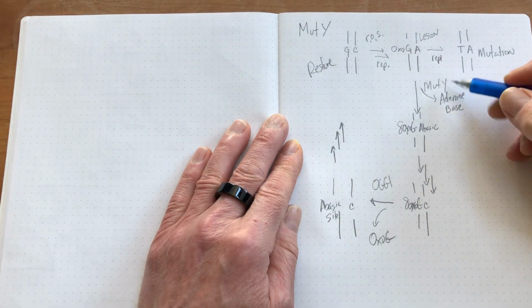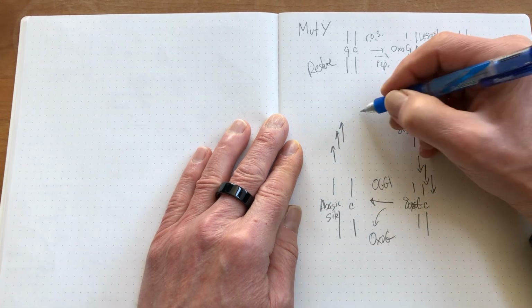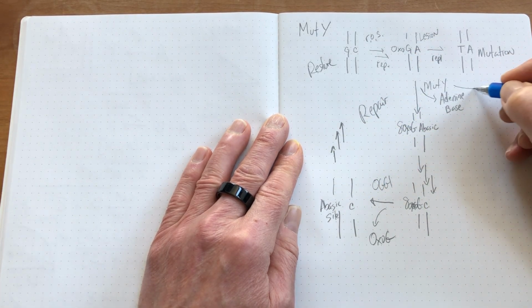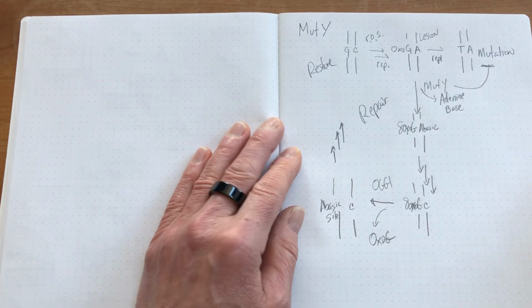So what MutY is doing is it's putting it on this repair pathway, and thereby it's preventing the mutation.